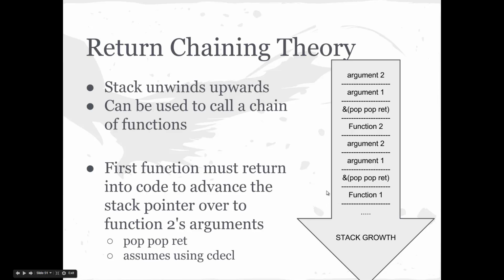So we execute function 1. It does its thing. It uses argument 1. It uses argument 2. And then when it returns, ESP is going to be here, and return is going to do pop ESP. It's going to take this, jump to this gadget, and this gadget is going to have 3 instructions. It's going to have like pop EAX, pop EBX, return.